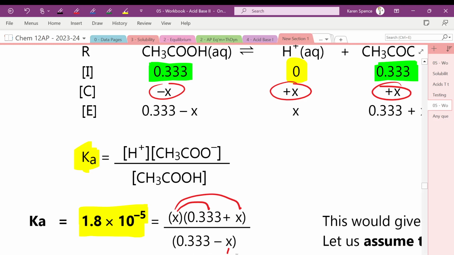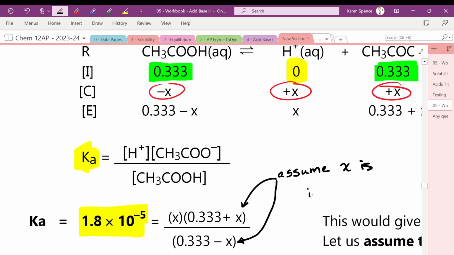So let's not do that. Let's just assume x is insignificant, okay?